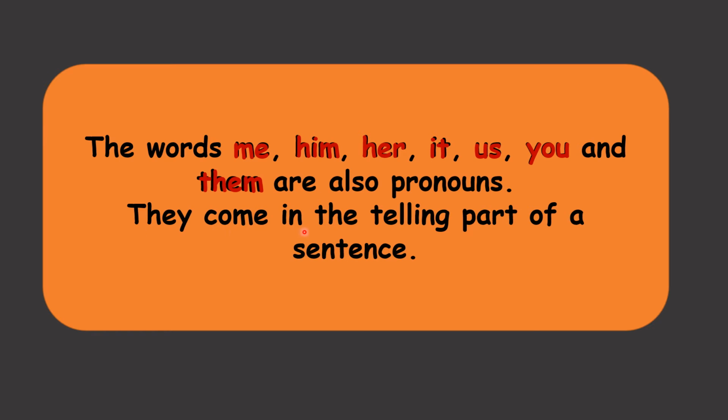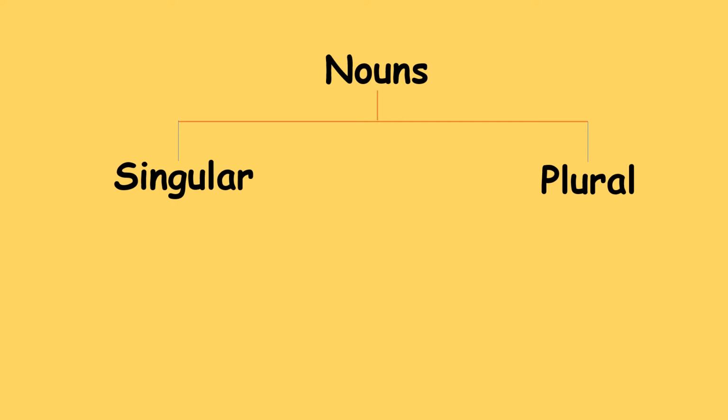They come in the telling part of a sentence. Now we will learn the pronouns that come in the telling part of a sentence. So for nouns of singular and plural, these pronouns are used in the telling part.